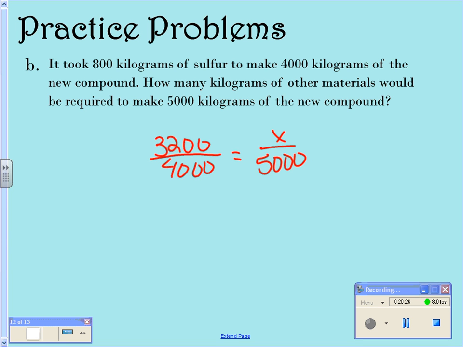You agree? Where did the 3,200 come from? The other materials. There were 800 kilograms of sulfur, and there were 3,200 of these. They add up to 4,000. Okay.